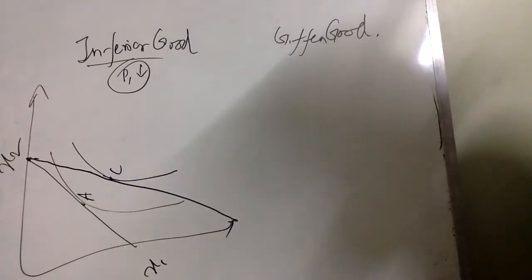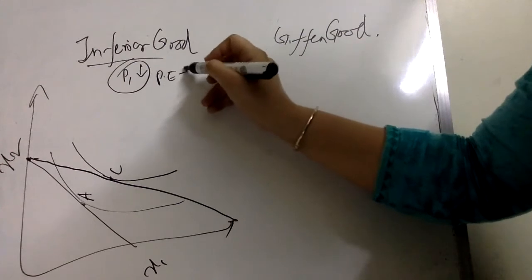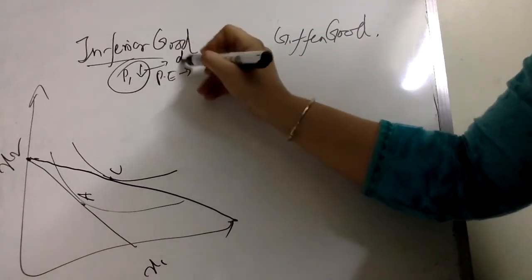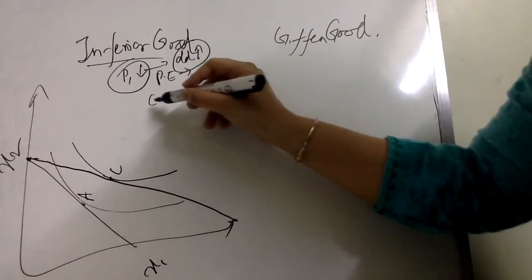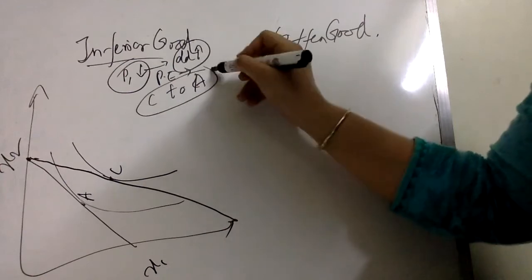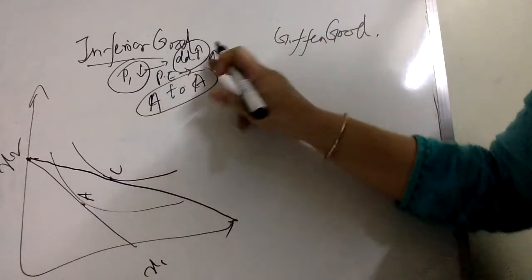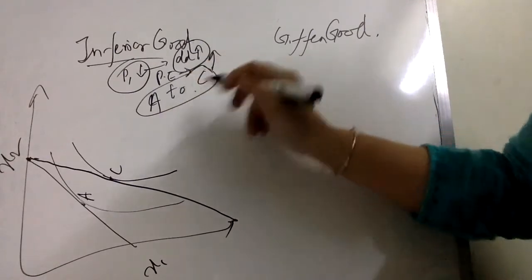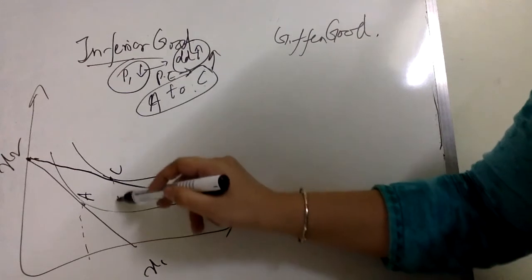In case of inferior good, we will find the ultimate price effect is that because of fall in price, the ultimate demand will increase. Can we see from point C to point A, the demand has actually increased, or actually I should write it inversely. So from A to C, if I check, we can say that the demand for ultimate price effect says it's increased.